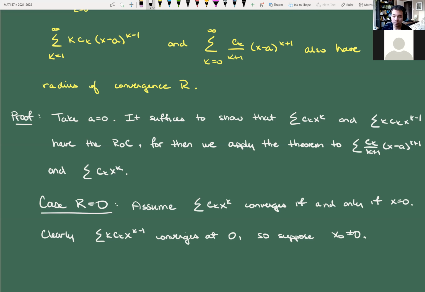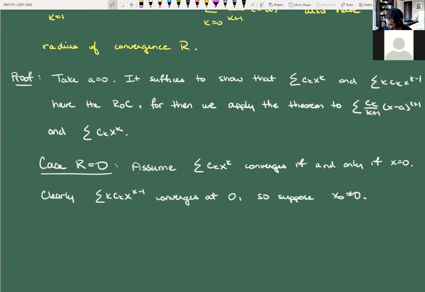Now for divergence, this is a relatively straightforward basic comparison test. So let's just say x is not equal to 0. So we're going to get k times |c_k| |x|^(k-1). Now that's going to be greater than or equal to |c_k| |x|^(k-1), right?